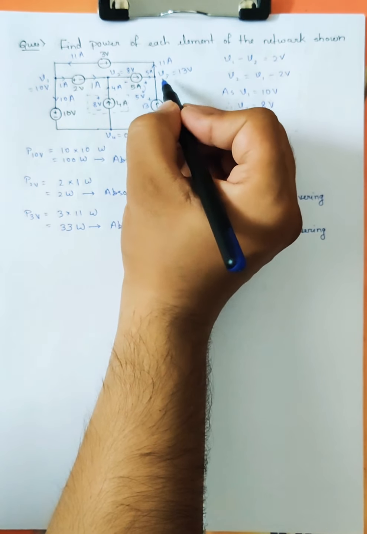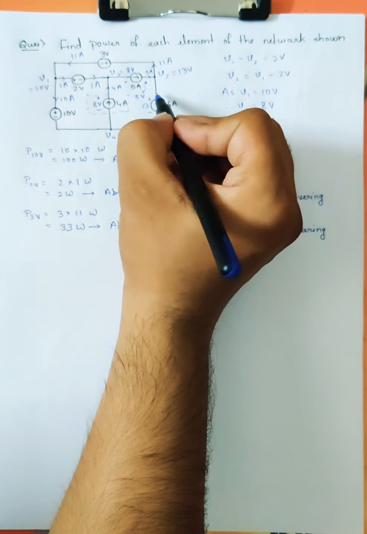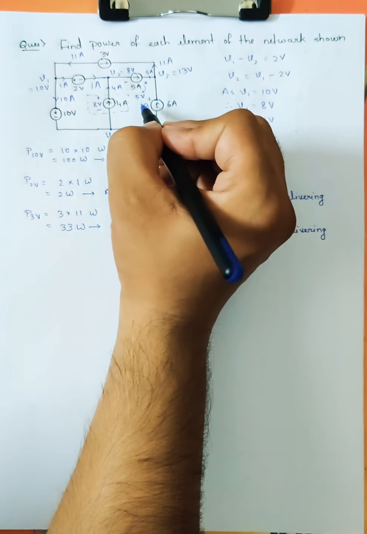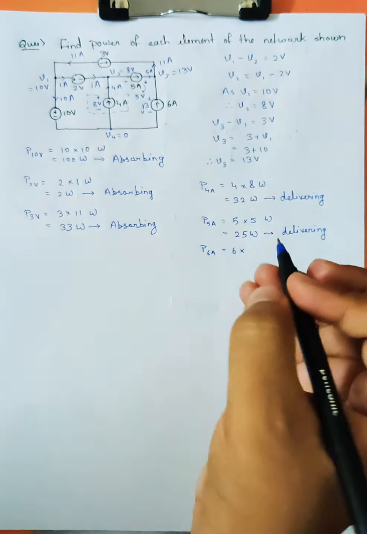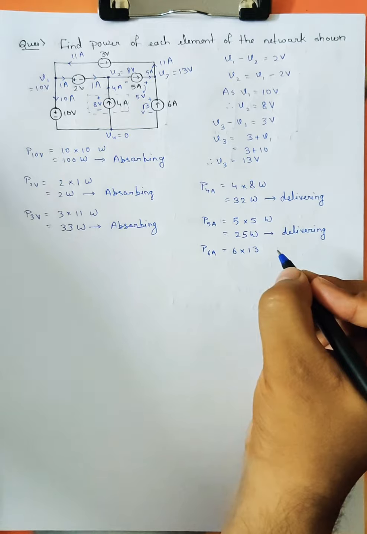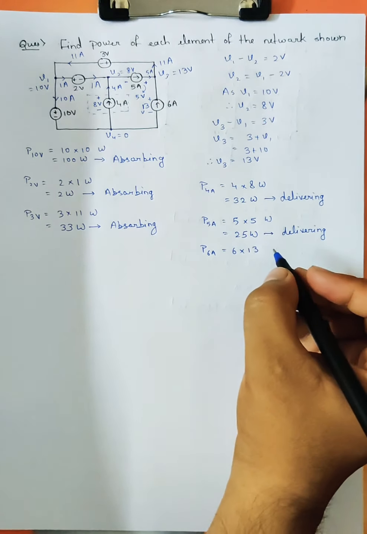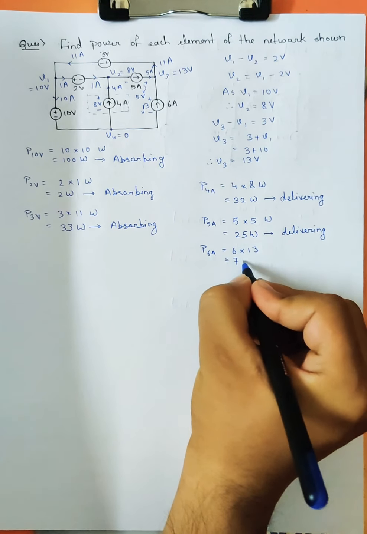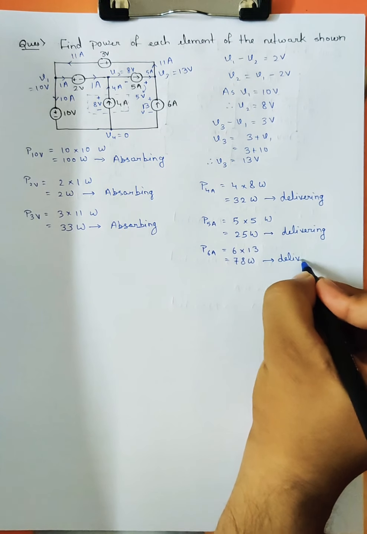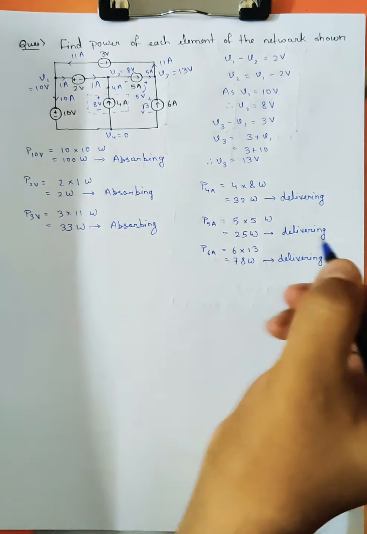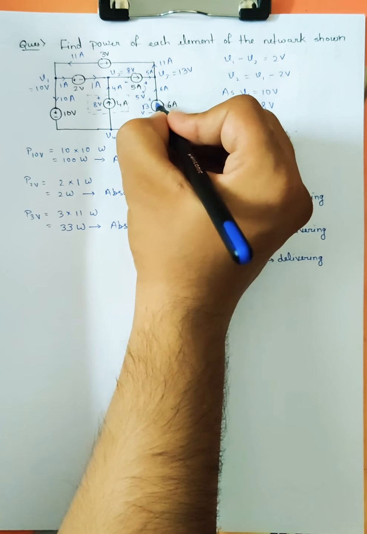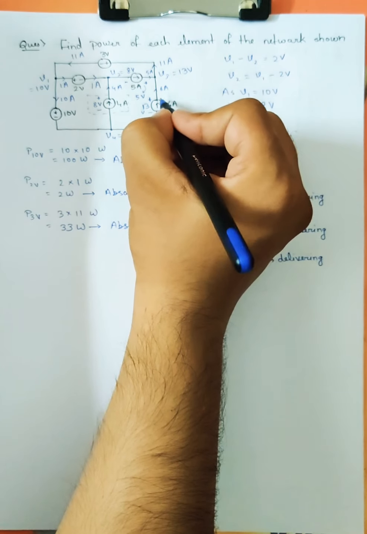V3 is at higher potential, so the voltage across this current source is V3 minus V4, that will be equal to 13 minus 0, 13 volts. 6 into 13 is equal to 78 watts. This is also delivering, as the current is going away from the positive terminal of the element.